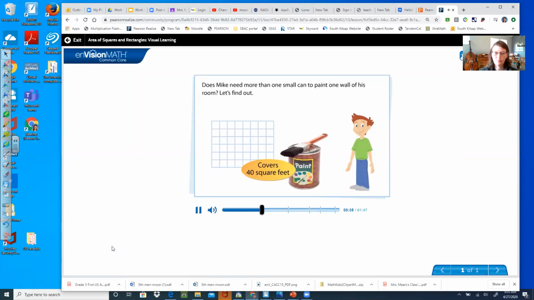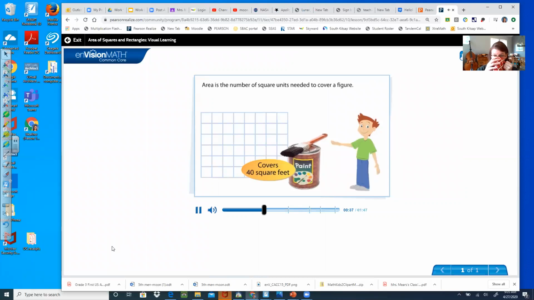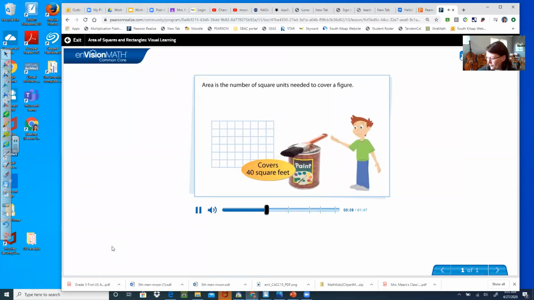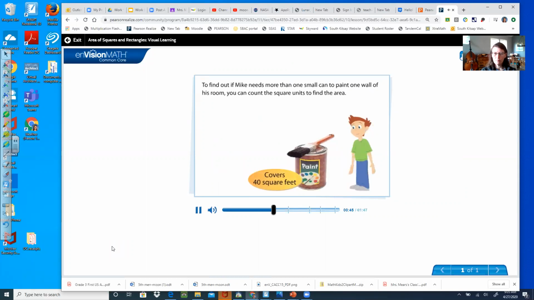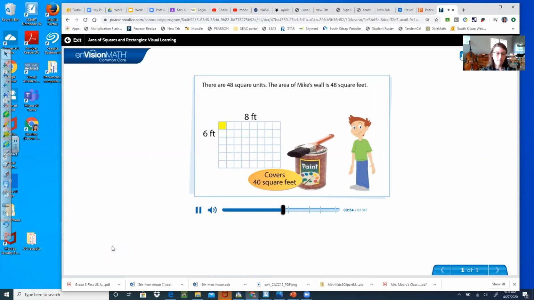Let's find out. Area is the number of square units needed to cover a figure. To find out if Mike needs more than one small can to paint one wall of his room, you can count the square units to find the area. There are 48 square units. The area of Mike's wall is 48 square feet.